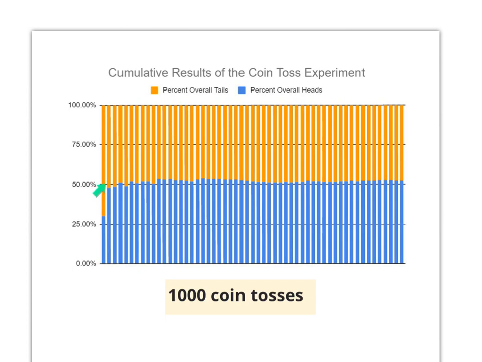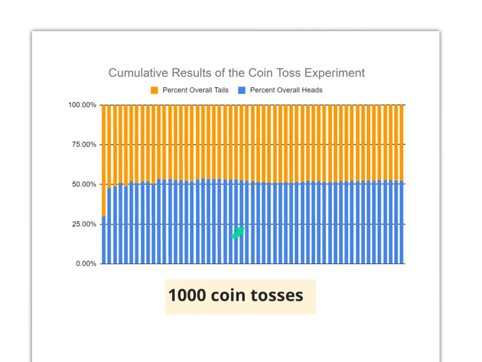And then the next bar shows the results of mine combined with Tyler's. Tyler had 65% heads and 35% tails. And when we added his to mine, we ended up with 47.5% heads and 52.5% tails.